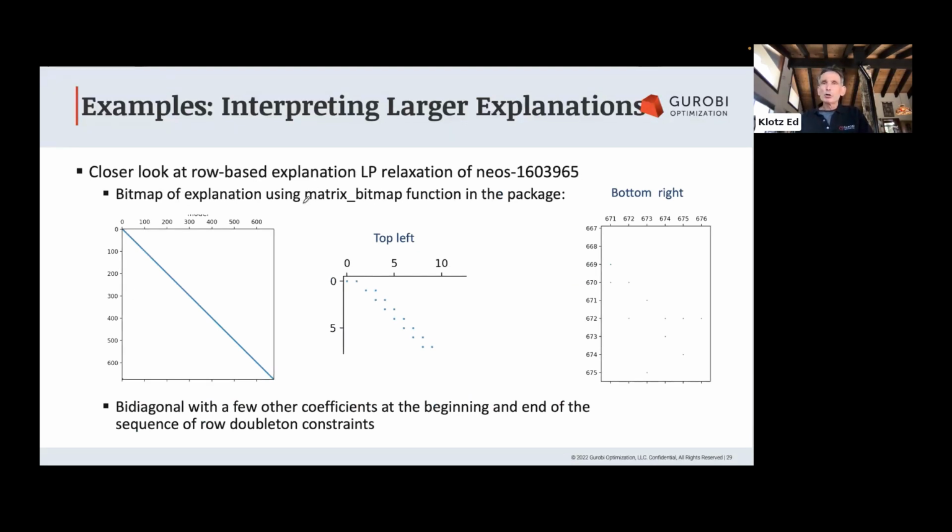One tool that can help is the package's matrix bitmap function, which will display a bitmap of the non-zero structure. What we see is most of the matrix has this bidiagonal structure, and then right at the end, in the bottom right of the bitmap, there are a few more complicated constraints.